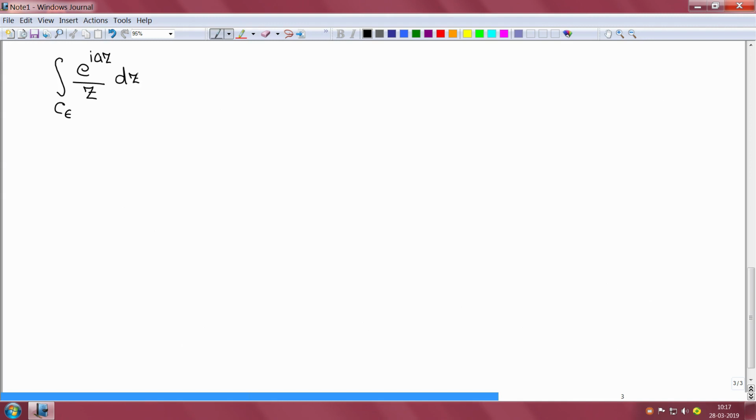Okay. Here the C epsilon second theorem comes into play. We have a function which is e to the power of i a z by z, which has a simple pole at z equal to 0.